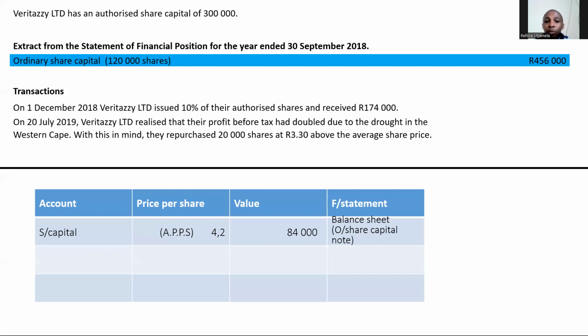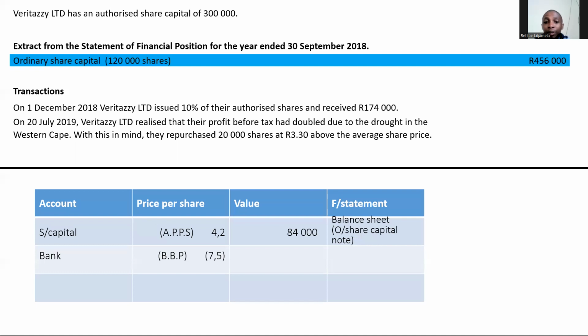And the amount that we paid was 3 rand 30 cents higher than the average price, making us lose money, which is 7 rand 50. So that's how much we have lost. We lost 7 rand 50 because that's what we have paid. Okay, that's what went out of our bank account.